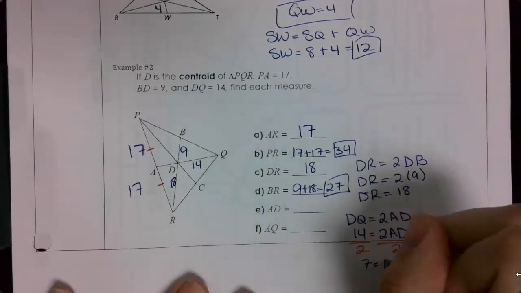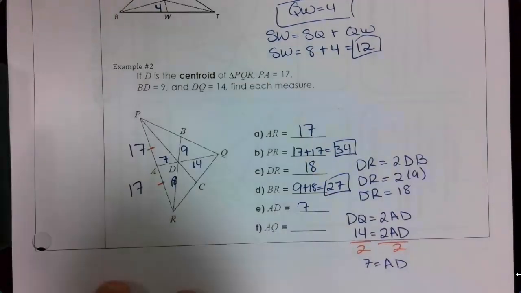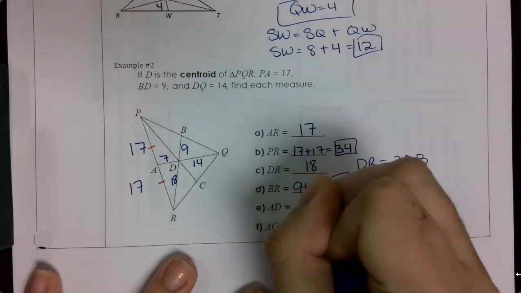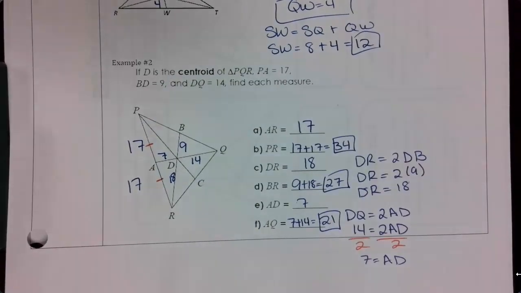So I get 7 for AD. And then it wants me to find the length of AQ. That's adding those two segments together. So 7 plus 14 gets me 21.